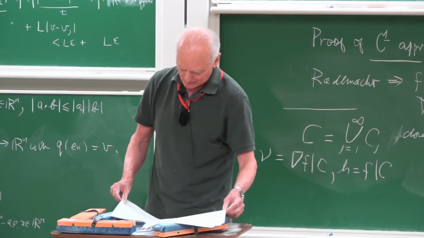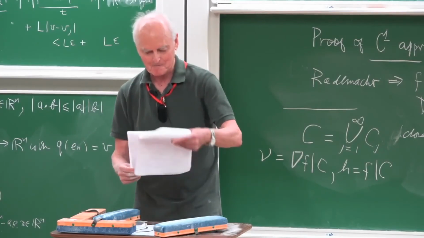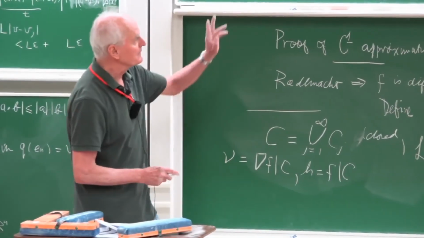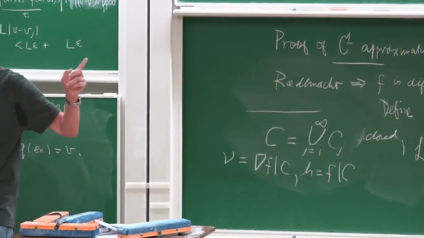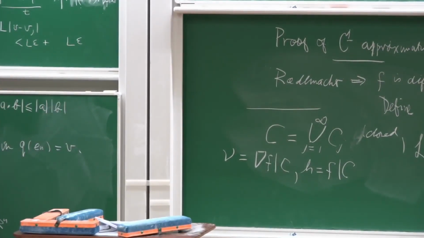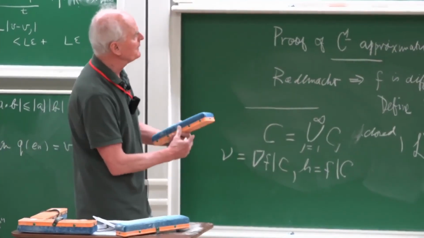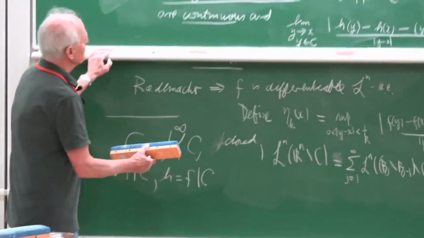Okay, so we're making some progress. So that's the C1 theorem. The C1 approximation theorem will be very important for us when we talk about rectifiable sets a bit later. Okay, so that's that.